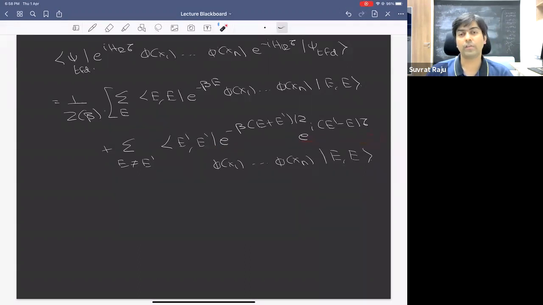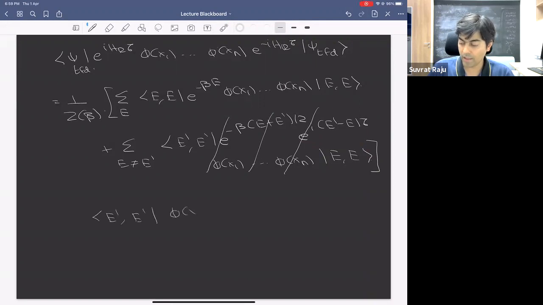But because this expression is independent of τ for all τ, it must be the case that this whole term vanishes. So this term cannot contribute, and it must therefore be the case that this set of field insertions, which describes the experience of the infalling observer from the right, has the property that this just vanishes for E prime not equal to E.